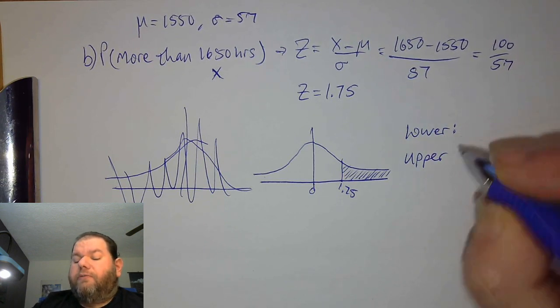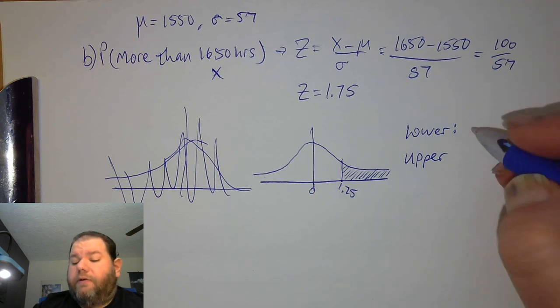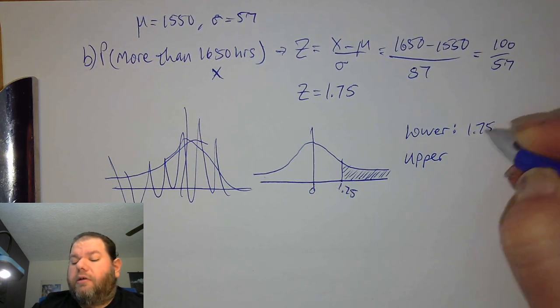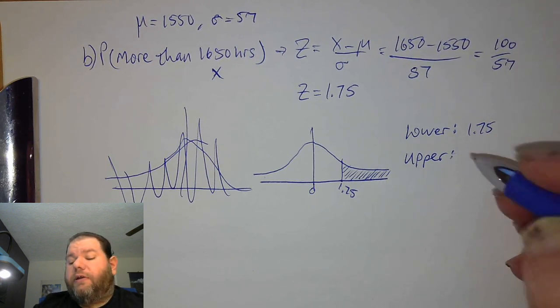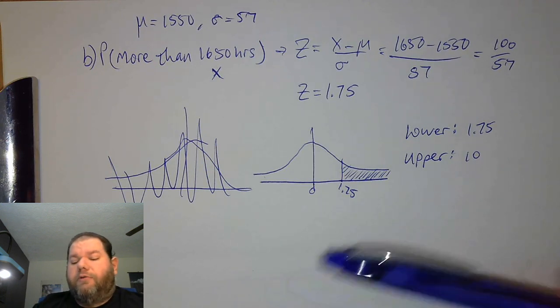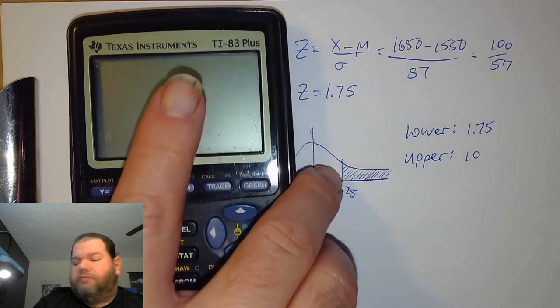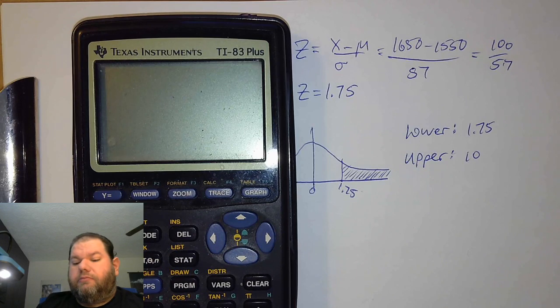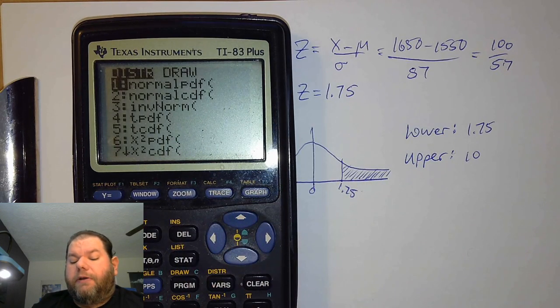For our lower bound, for the left edge of our shaded area, that's 1.75. And for our upper bound, because the shaded area keeps going to the right, we'll use 10 as the upper. Now we'll go into the calculator. Second vars, pick option 2.